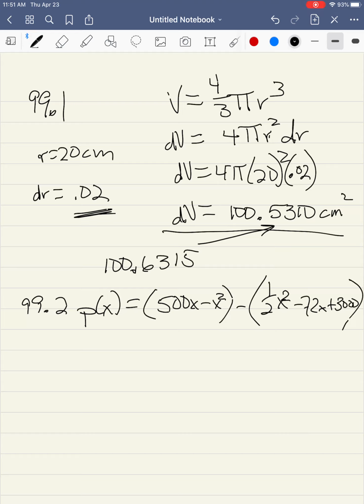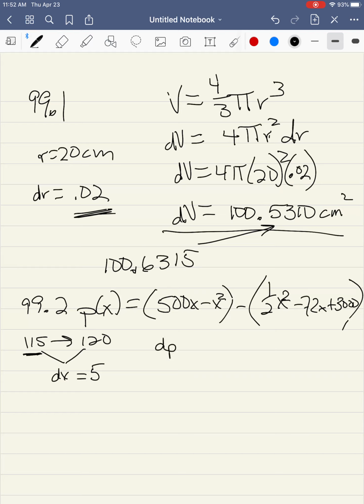Using differentials, estimate the change in profit when the production is increased from 115 to 120. So we'll begin with the 115, that's our original amount, and then the difference in x will be 120 minus 115, which will be 5.